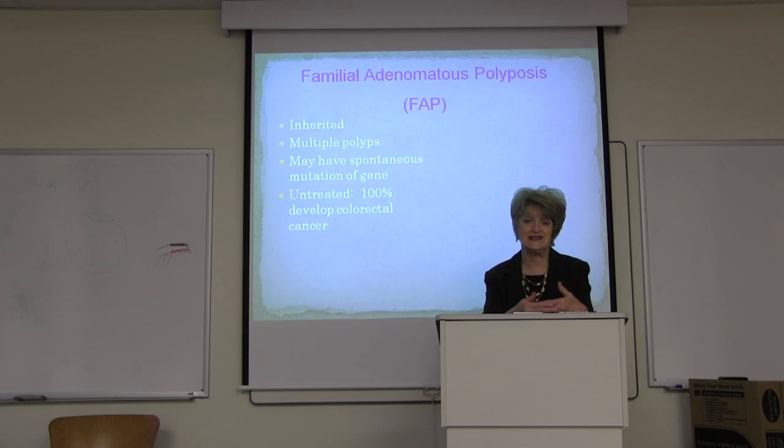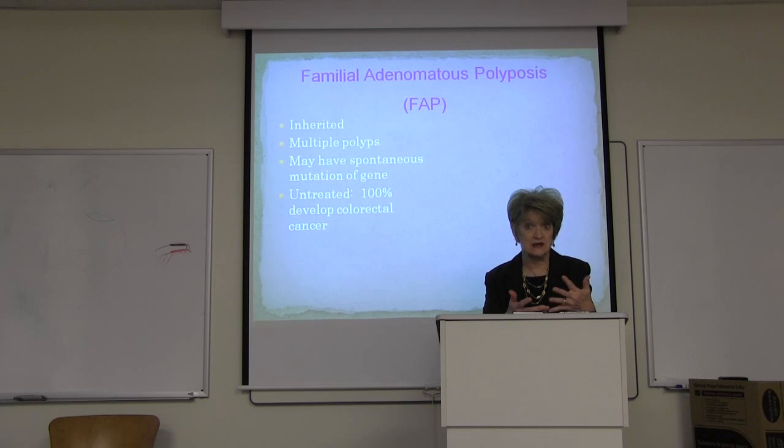For most patients, it's a hereditary condition. There's actually a mutation in a gene that causes polyps to begin to develop when that person hits puberty. So usually about age 12 or 13 is when you start to see polyps developing in the colon. Now, of course, initially they're asymptomatic.